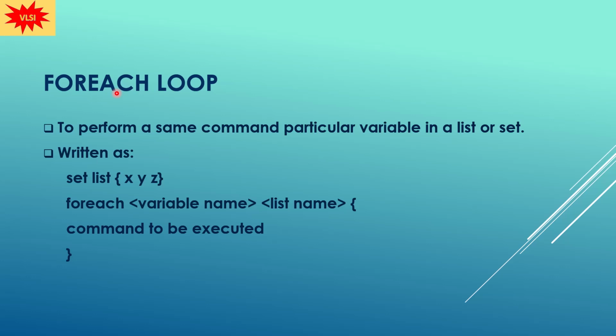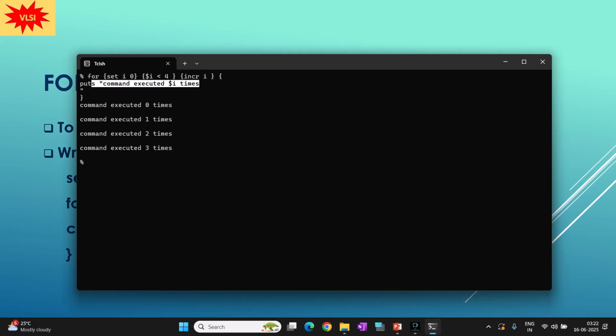Okay, that's why we are saying it as foreach. So let's say I have a list as 11, 12, 13. Set list 11, 12, 13.